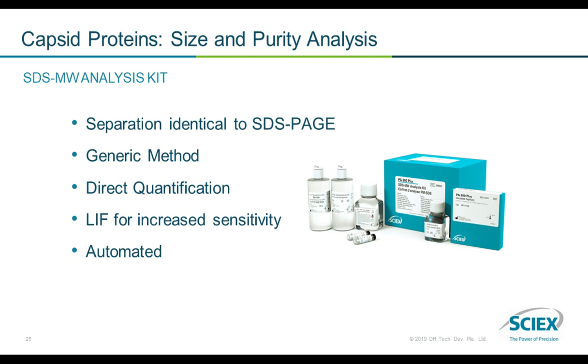It's direct quantitation if you use the PDA detector, which is UV detection. You can use laser-induced fluorescence for increased sensitivity after labeling your proteins with a fluorescent dye. The methods are automated here.